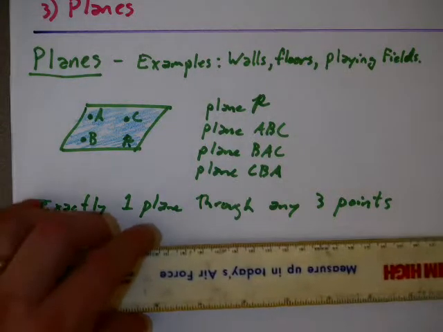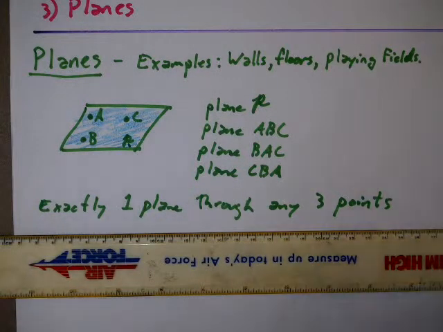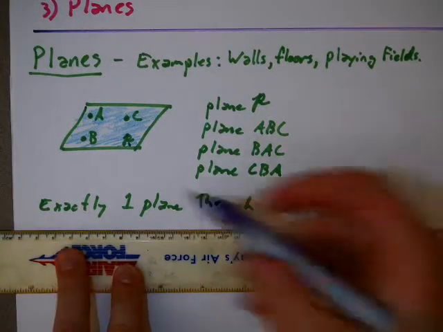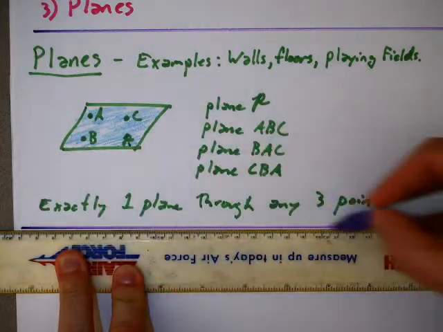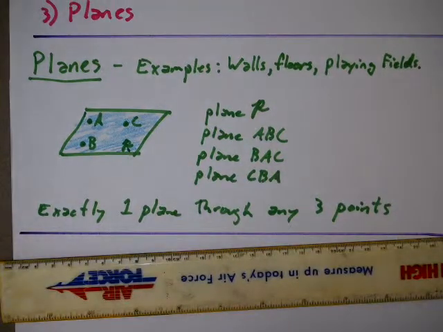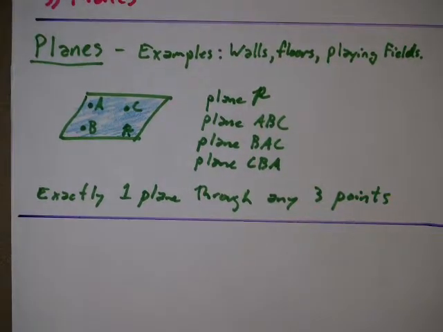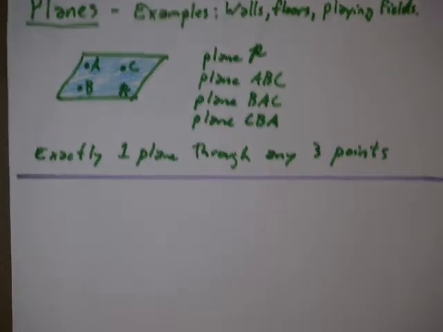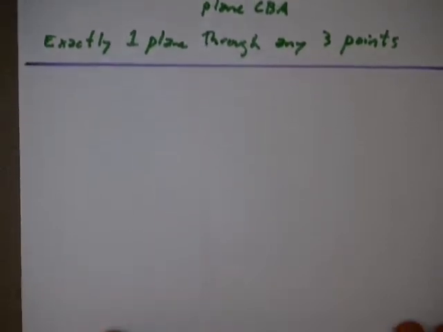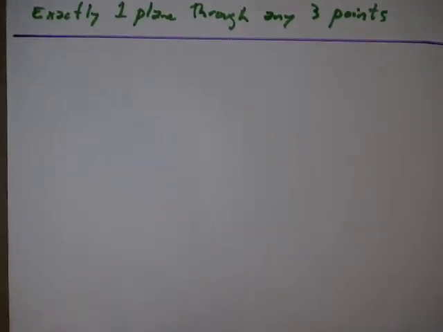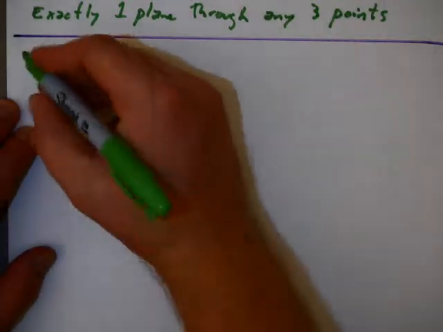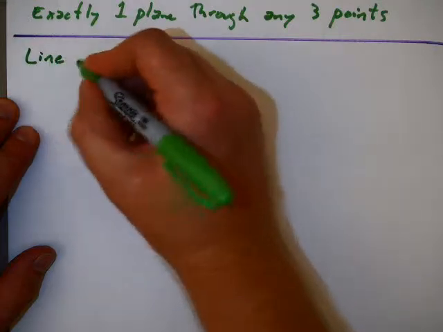So what that brings us to is our next undefined term, which is a line. If you look around the room that you're sitting in right now, and you find the wall and the ceiling, what they form when they touch each other is a line.